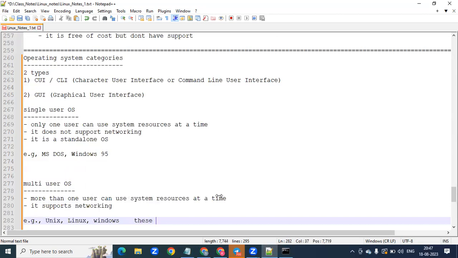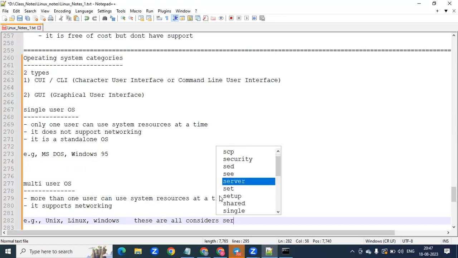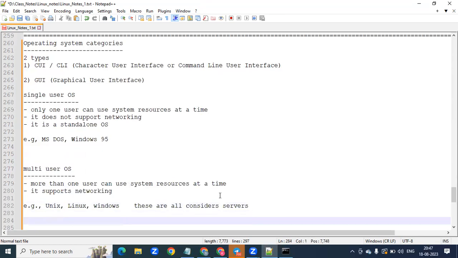These are all considered servers. This is the multi-user operating system.